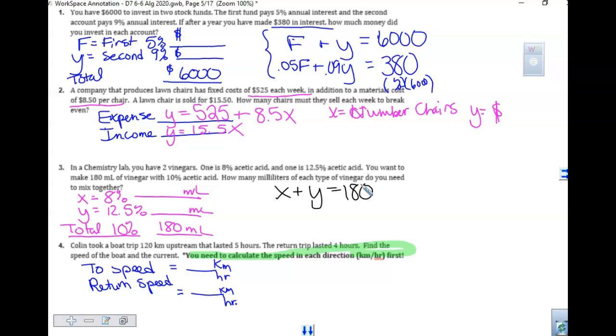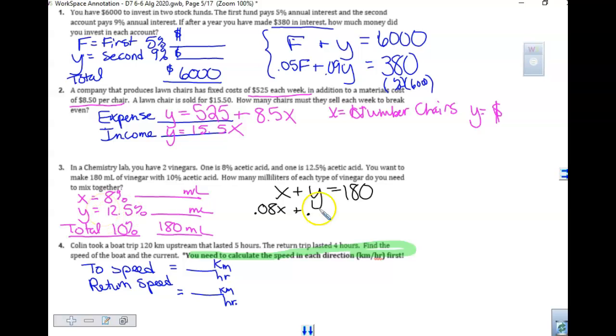Next equation is my percents. Anyone ready? Give it a shot. 0.08x plus, move it over 2 places, right?